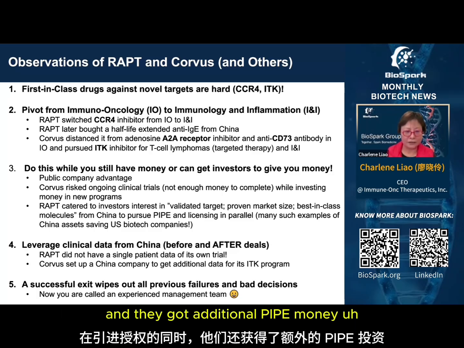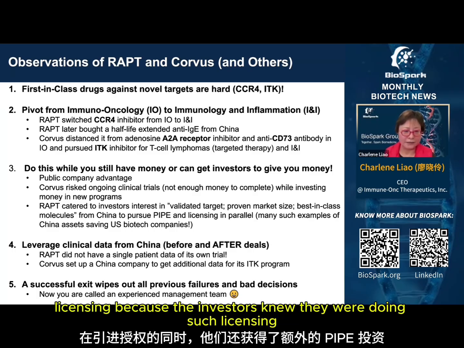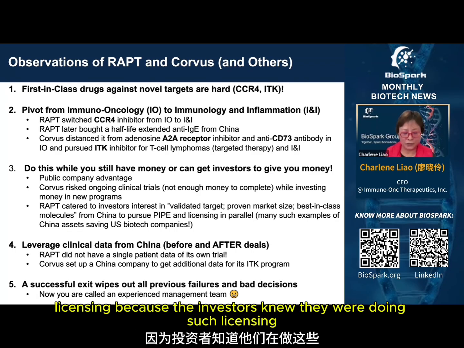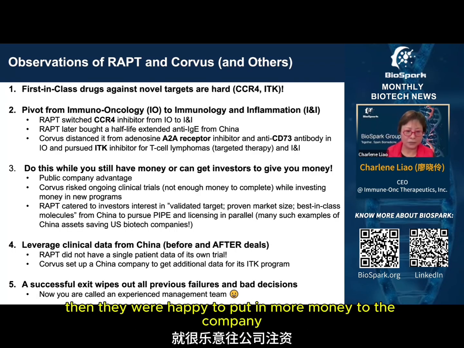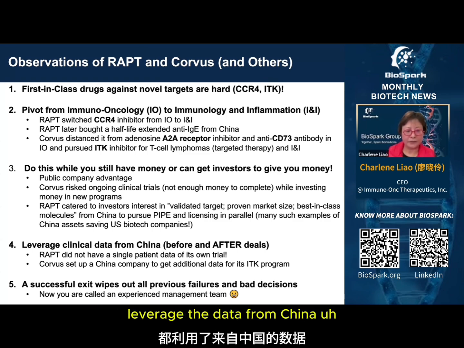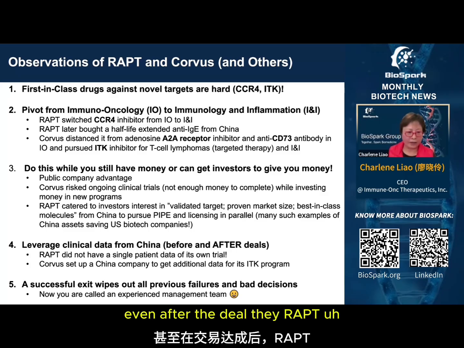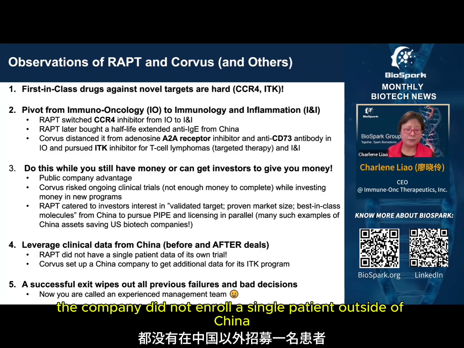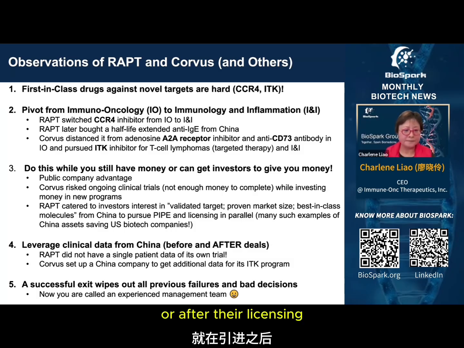And they got additional PIPE money in parallel to this licensing, because the investors knew they were doing such licensing, and they were happy to put more money into the company. They both leveraged, especially RAPT, the data from China even after the deal. RAPT, as a company, did not enroll a single patient outside of China after their licensing.